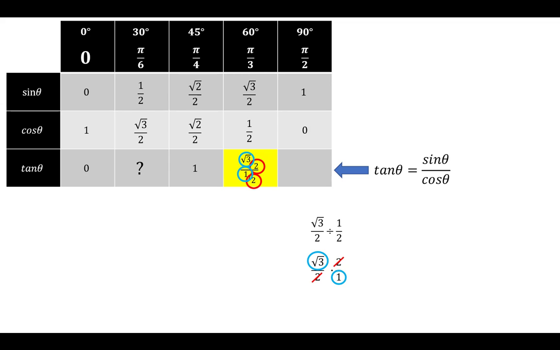We have the root 3 over 1 left to go, which is just the square root of 3. If we remember this kind of pattern, it's going to save us some time simplifying later. We can replace this complex fraction in our table with the square root of 3. And finally, in this column, our fraction becomes 1 over 0, which is undefined.